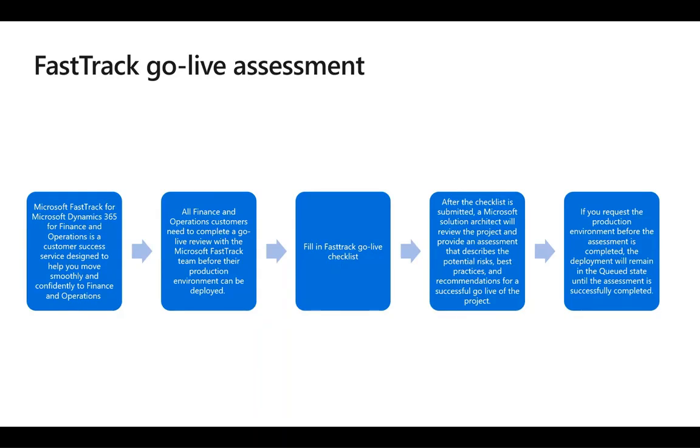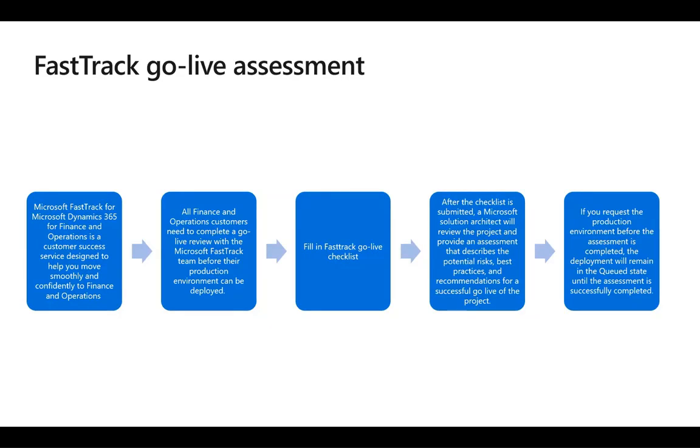About 8 weeks before go-live, the FastTrack team will ask us to fill out a go-live checklist. If we have 150 or more seats and a Microsoft solution architect is assigned to our project, the solution architect will contact us. If we have 20 to 149 seats, the checklist will be sent to us via email.